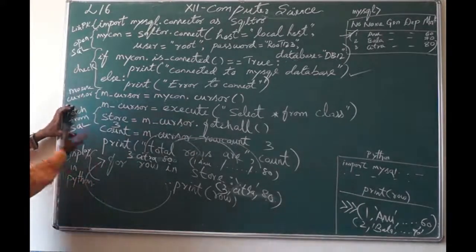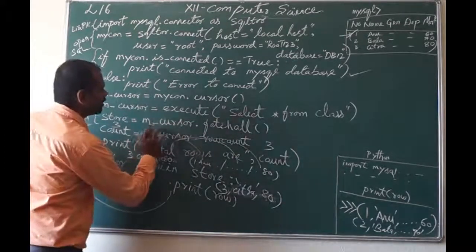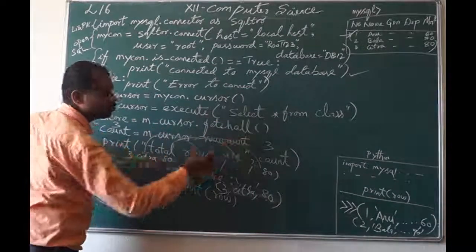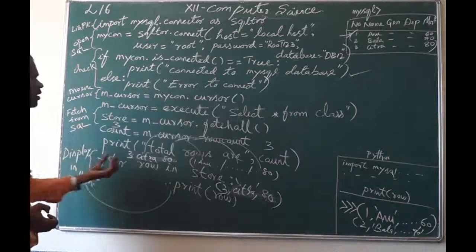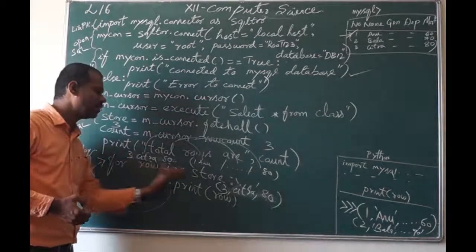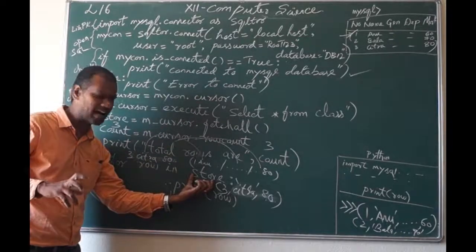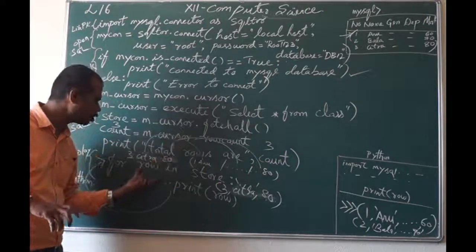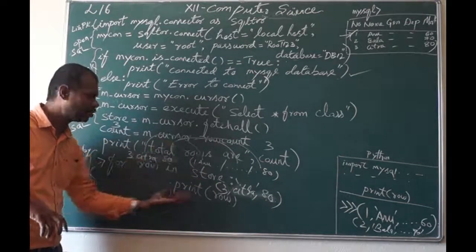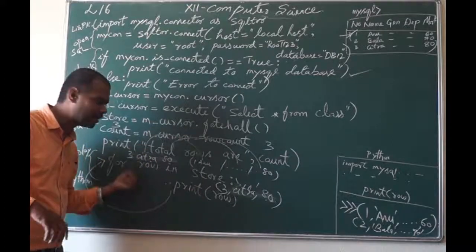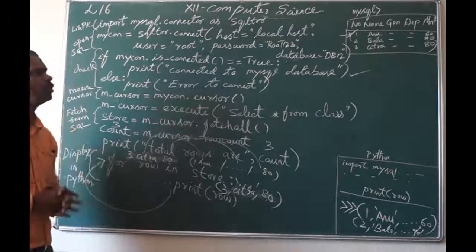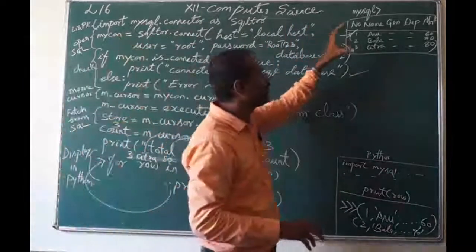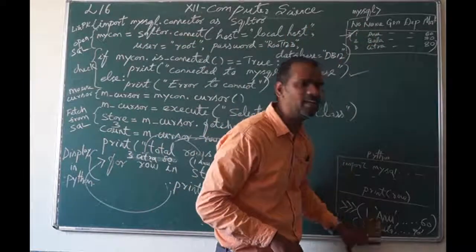Then mouse cursor dot fetchall means it will fetch all the data. So first it will take the first row and print. Then the second row it will take and print. Third row it will take and print. That's all. So this SQL data will be fetched and displayed in Python.